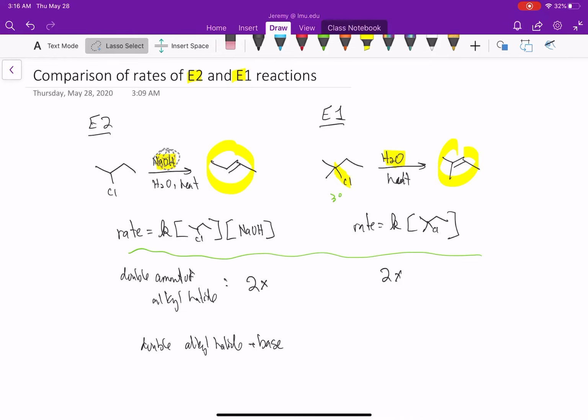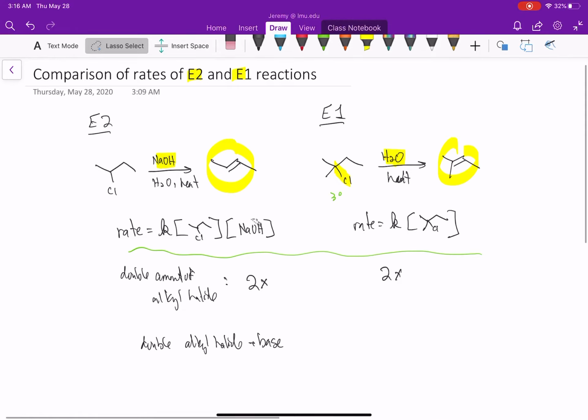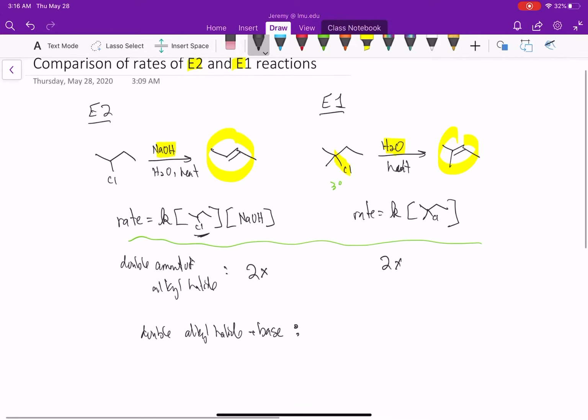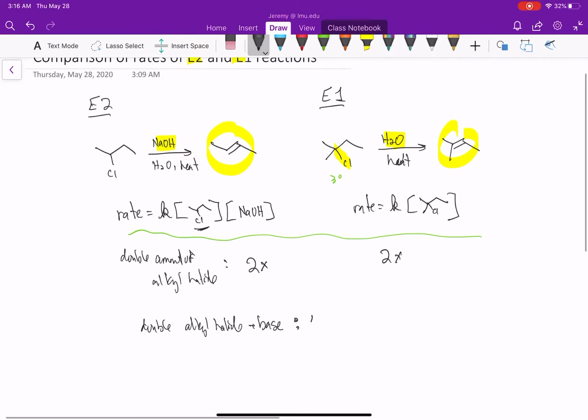If I double the amount of sodium hydroxide, I have twice as much here. So now my rate would be what? This is a 2x, that's a 2x, so it would be 4 times as fast. For the E1, we don't really have a base, so we don't have to worry about that for the E1.